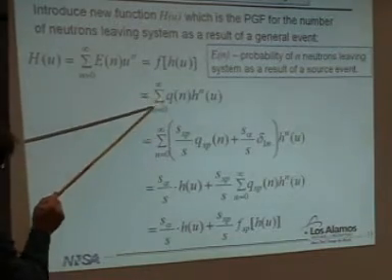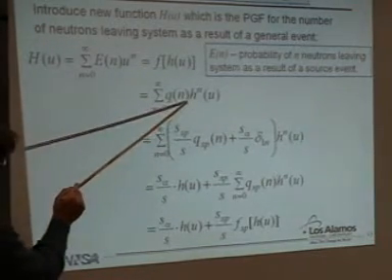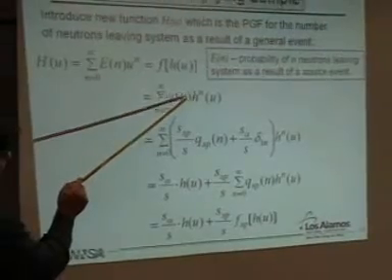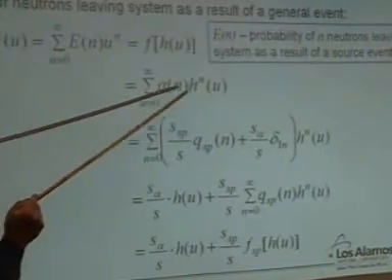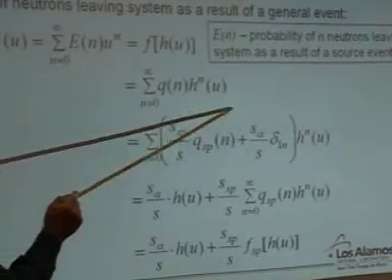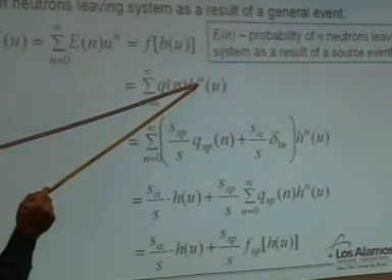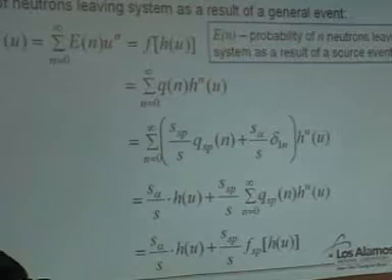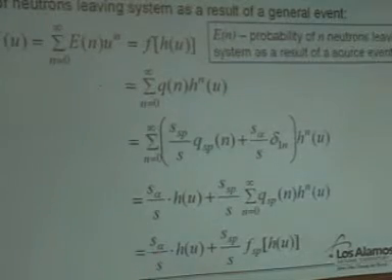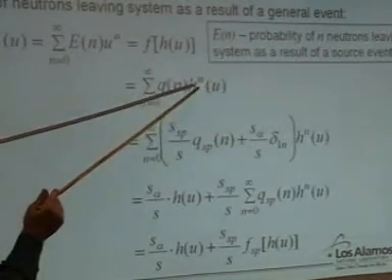So let's look at it this way. It's the probability for neutrons to be produced, and this is the probability generating function for those with one neutron to produce more neutrons, or how many neutrons come out of the system because of the neutrons produced here.